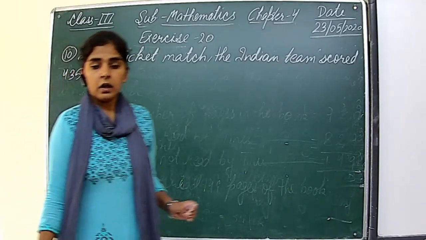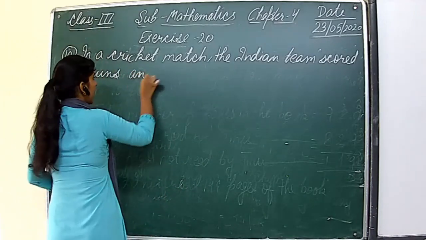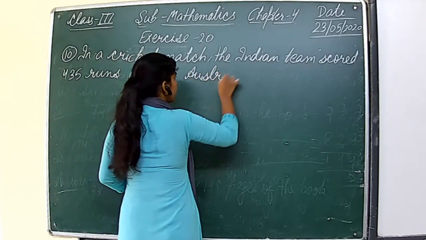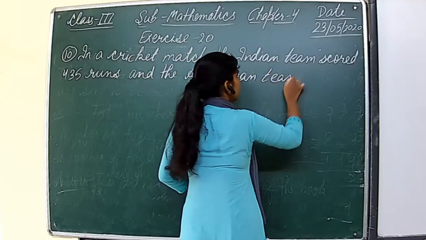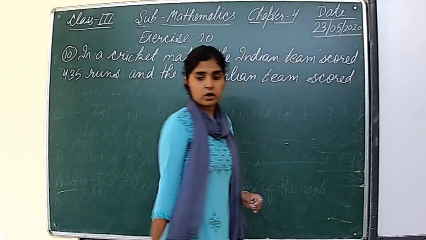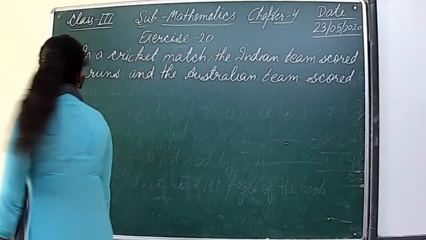Okay, and the Australian team scored 146 runs less than the Indian team.